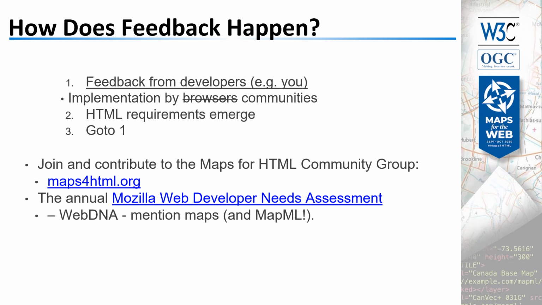The main way to provide feedback to the browser standards community is for you, especially representing your organization or company, to join the Maps for HTML community group to contribute ideas, comments, and even code. Another important path for feedback from the web mapping community to the web platform folks is the annual Mozilla Web Developer Needs Assessment, or Web DNA survey. Please share the link. Mention web mapping. Mention maps in HTML.